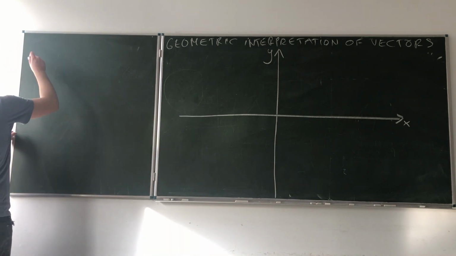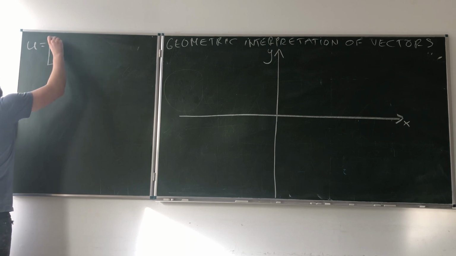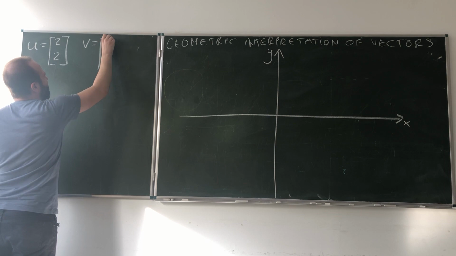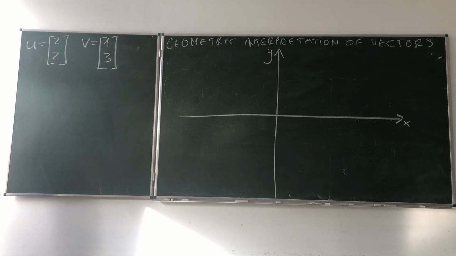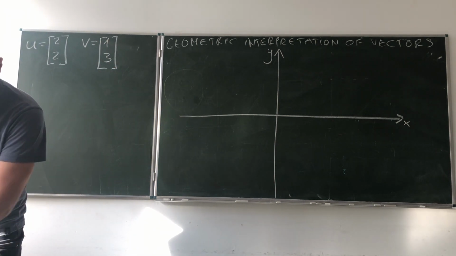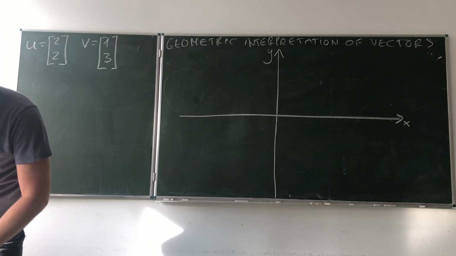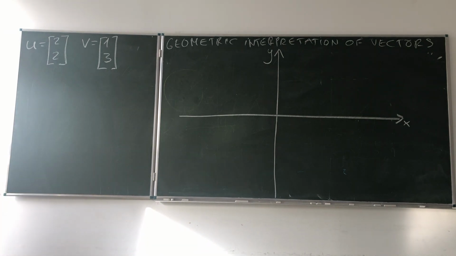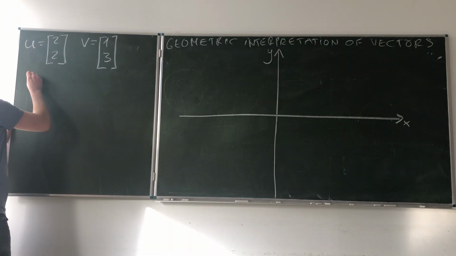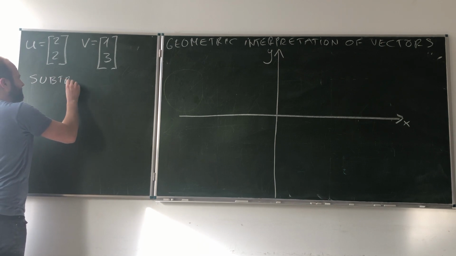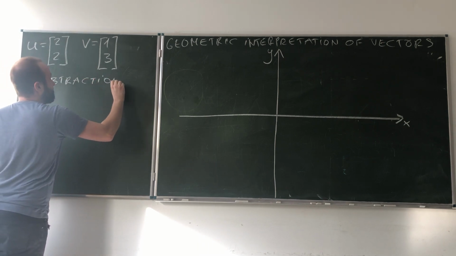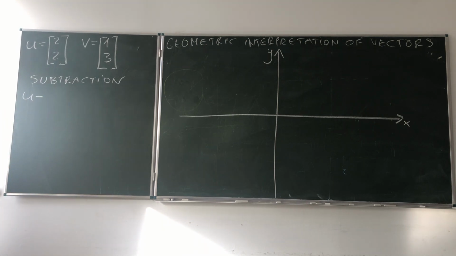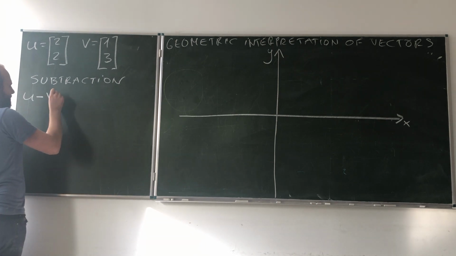So vector u, 2, 2, and vector v, I think it was 1, 3. Yes? Well, yeah. Okay, and look, now the task that we've got is subtraction. So, we've got vector u, and I need to subtract from it vector v.